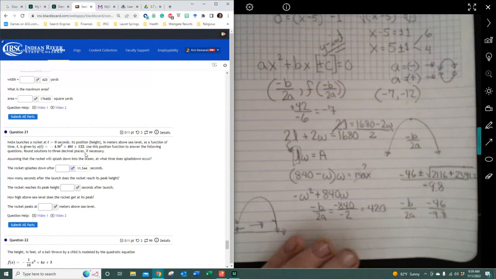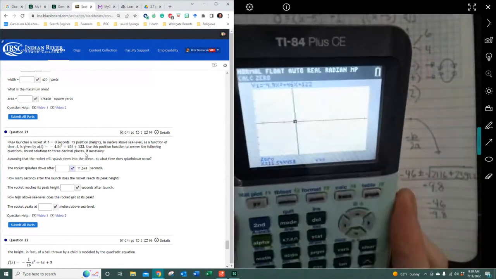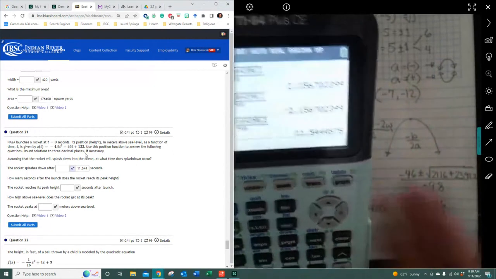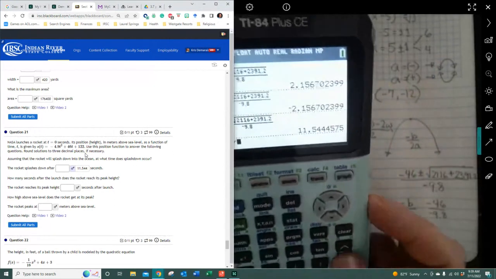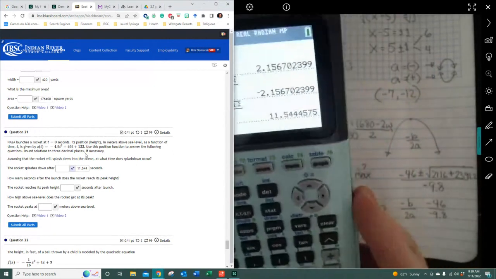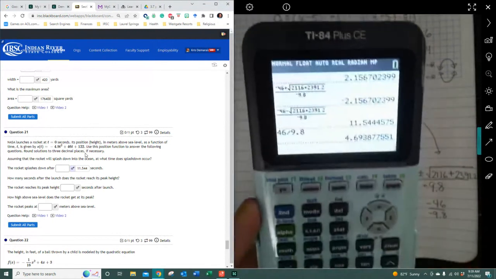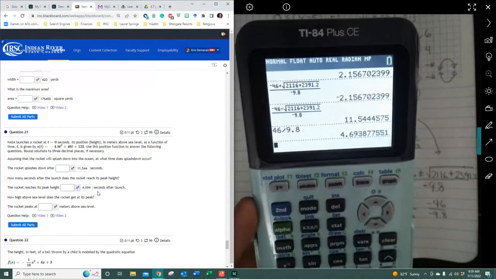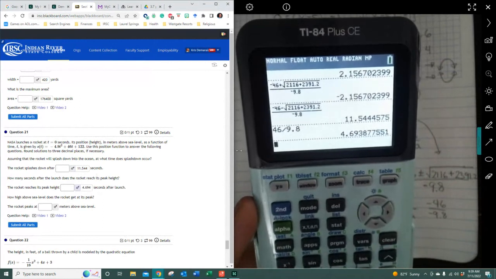And you can just take your calculator and do that. Take negative 40, well, negative divided by negative, positive, so 46 divided by 9.8. And so we get our answer. And it does say to round off to 3 decimal places.